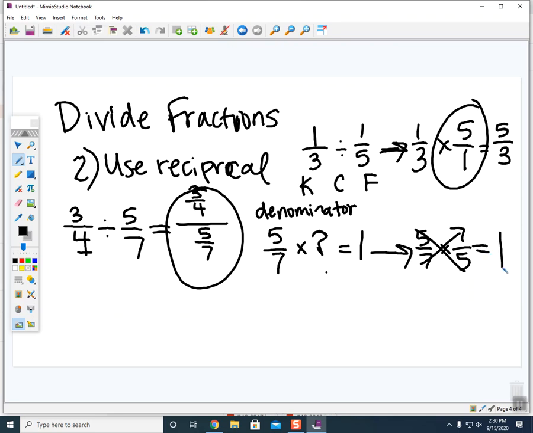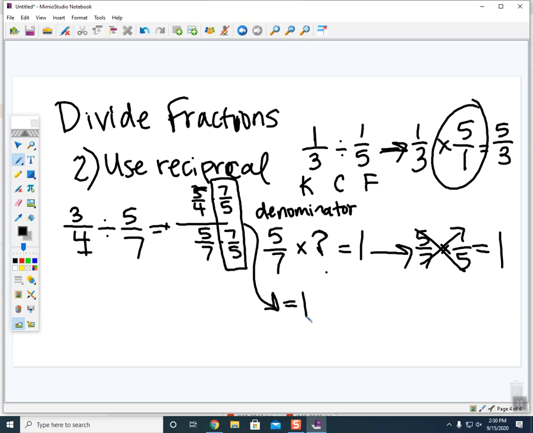So I can come over here and get rid of this circle. I can multiply this bottom by 7/5. But if I multiply the bottom by 7/5, I also need to multiply the top by 7/5. So now I've got 7/5 over 7/5. If I had this as a fraction, this just equals 1.